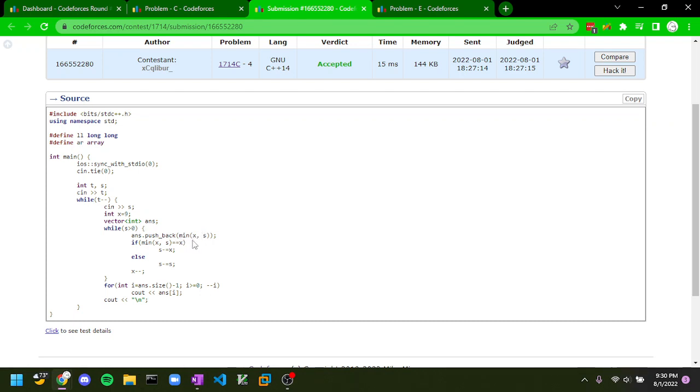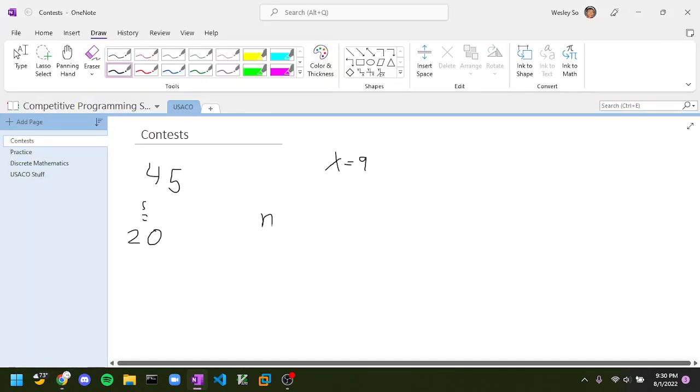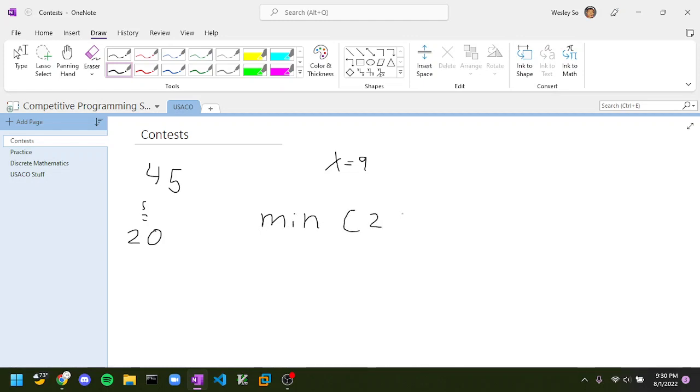I push back the minimum of either 20 or 9. And so that would be 9. So we push back 9 into the array. You saw on the answer there's 3 slots, so I'll just draw it out. So we push back 9. So now 9 is in the first slot.